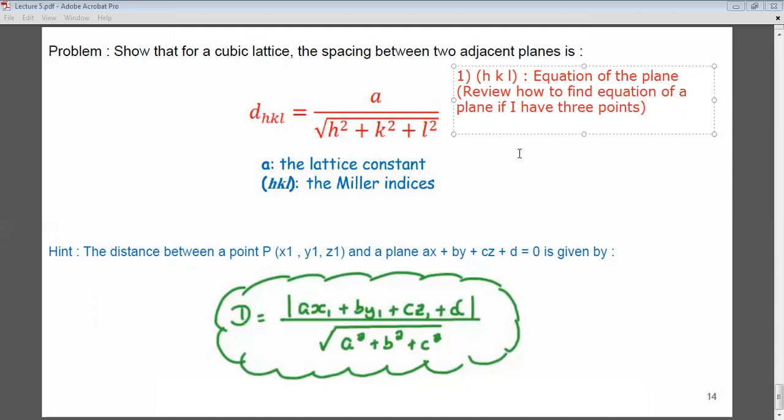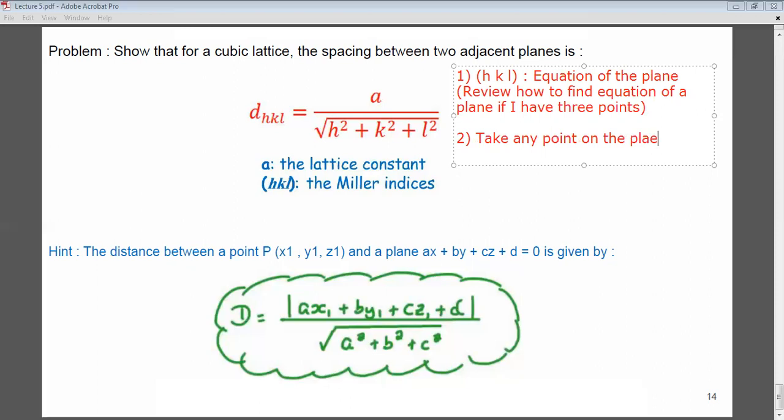The other point hits the y-axis at a/k, so it has components 0, a/k, 0. And the third point is along the z-axis, with components 0, 0, a/l. So you have these 3 points, and you need to find the equation of the plane that contains them.